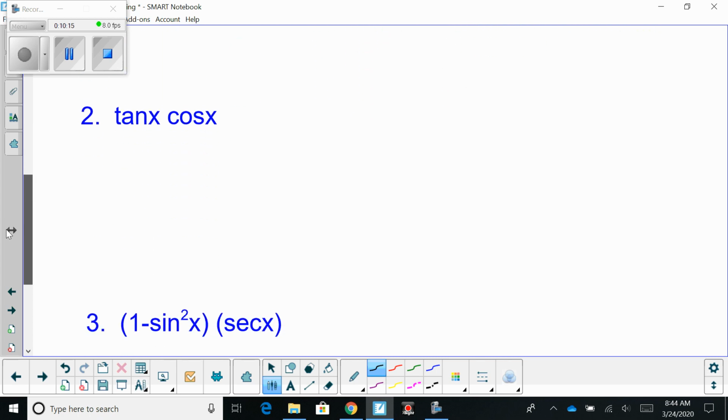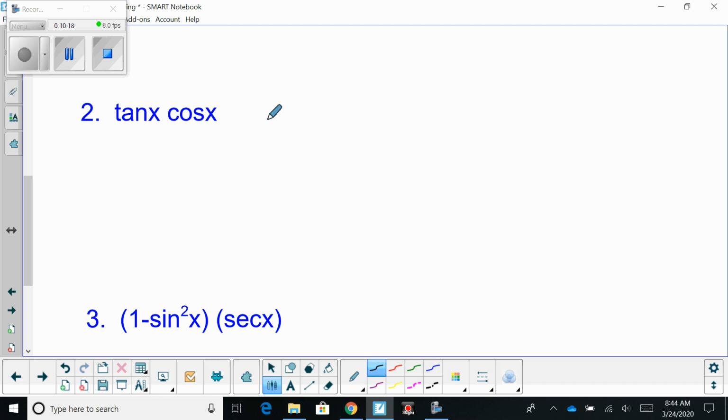All right, the second example, tangent and cosine. Well, tangent is the same thing as sine over cosine times cosine. We'll put a 1 underneath there.